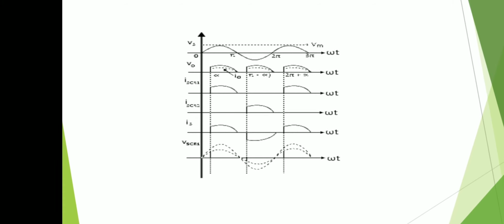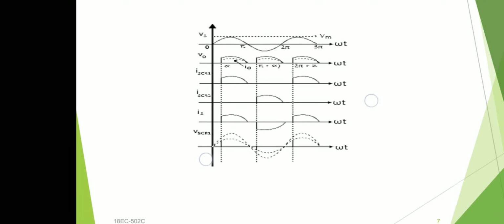This is the currents of SCR1 and SCR2. SCR1 for positive cycle, the current is flowing through SCR1, and for negative cycles current is flowing through SCR2. And this is the output voltage. This offset is due to the delay in each of the SCRs. Right.